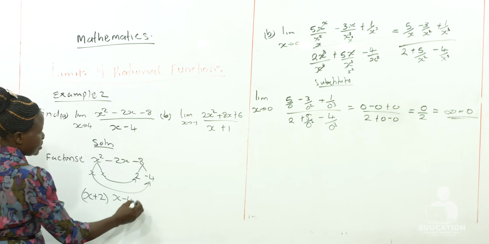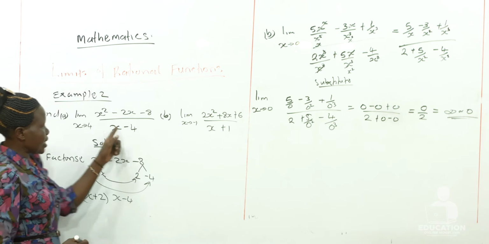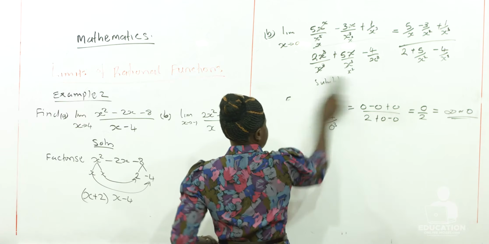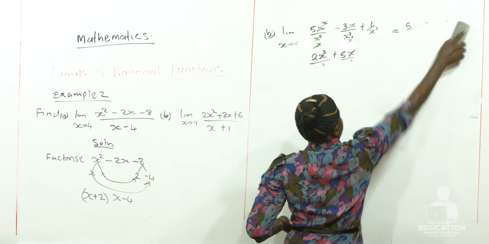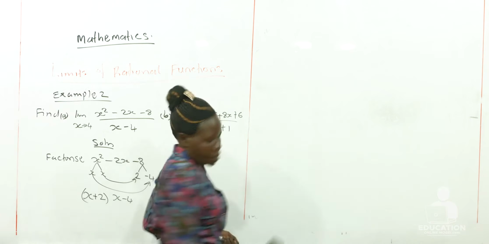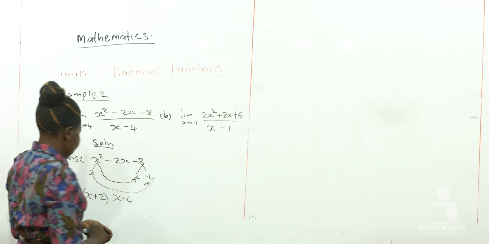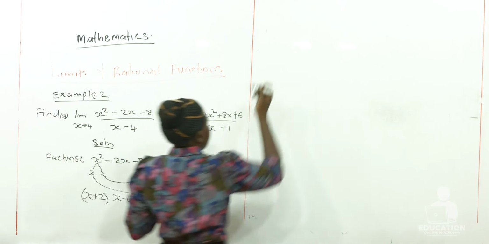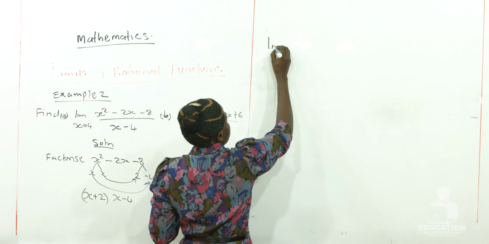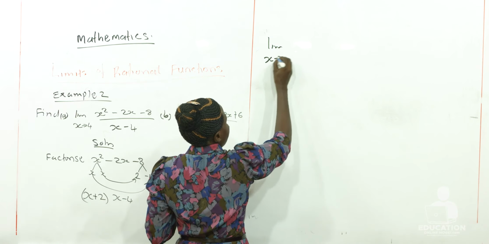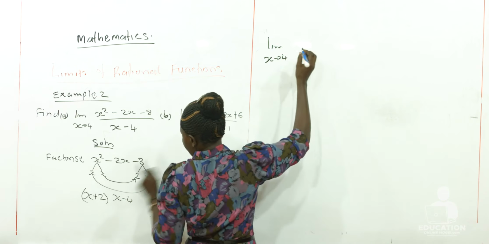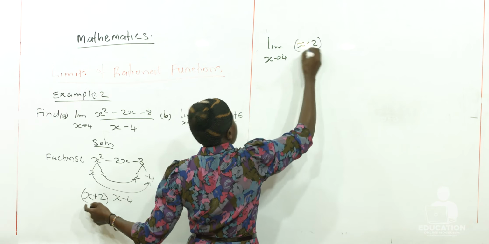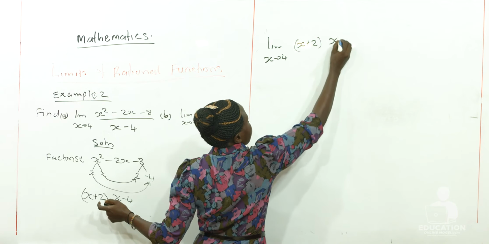So this is now our numerator. Now when we come to substitute, where there is a numerator, we are going to write the factors that you have got. So you are going to rewrite your function by saying x is approaching to 4, your factors here will be x plus 2 and x minus 4.